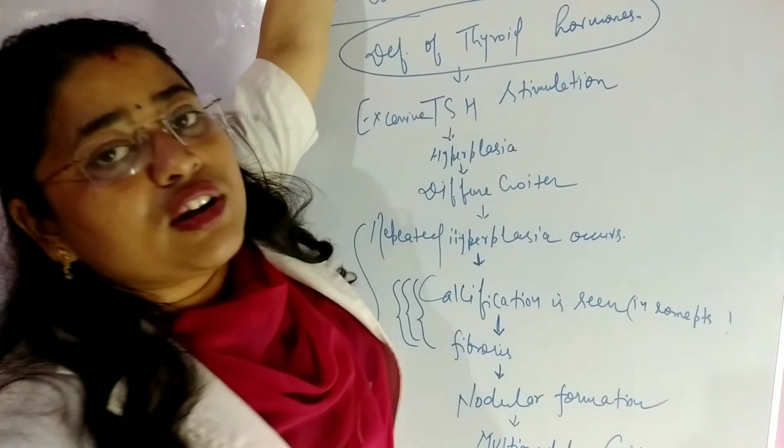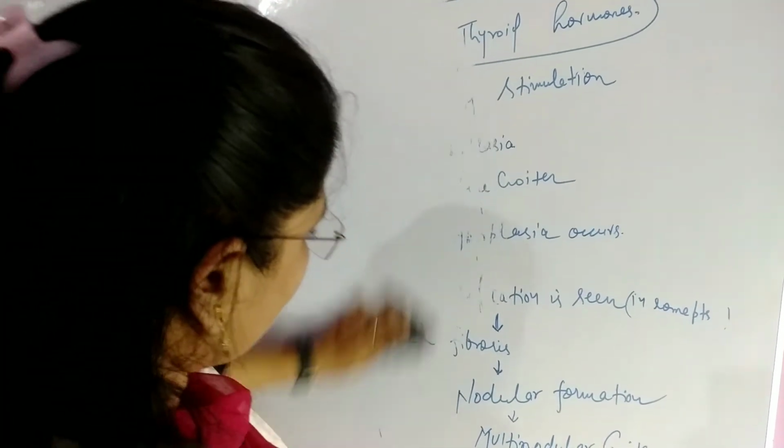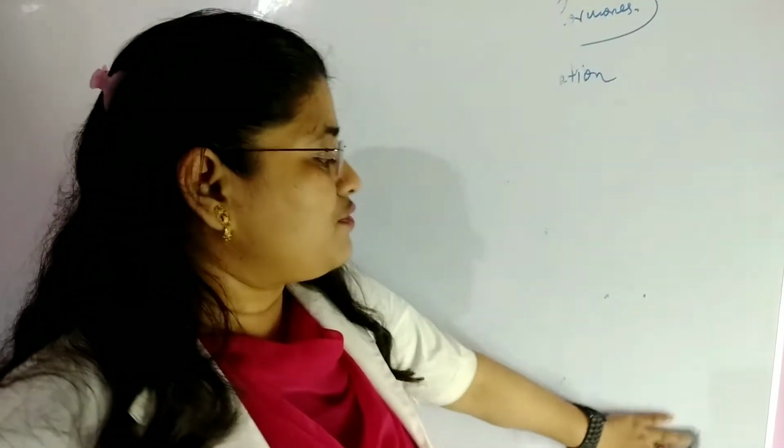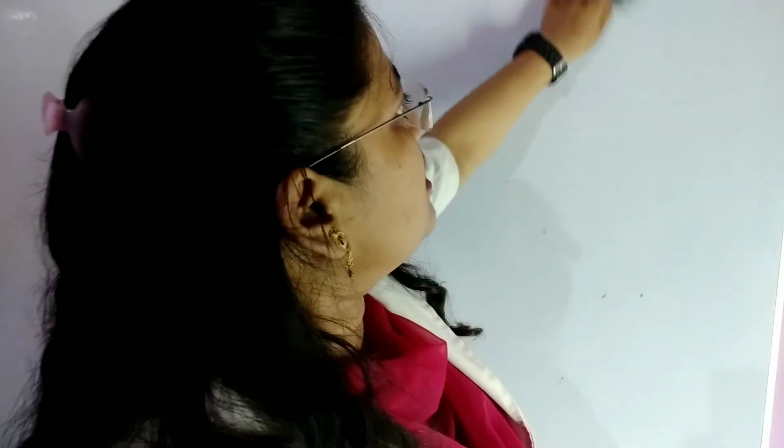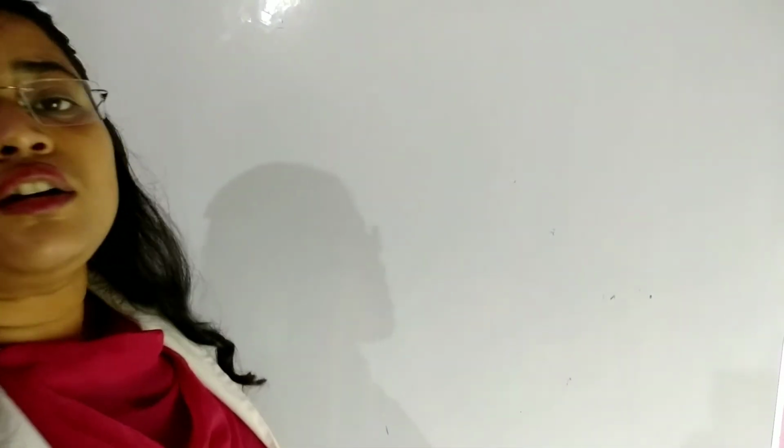Now the next point is what is the state of thyroid secretions in goiter, whether it is diffuse or multinodular.